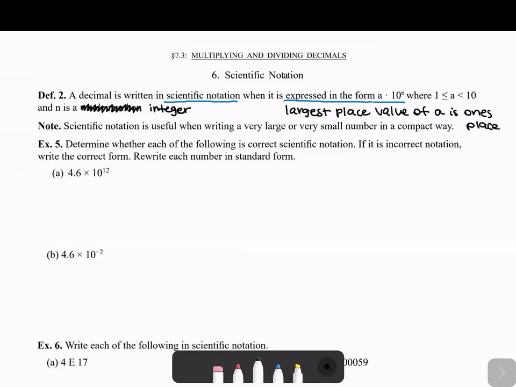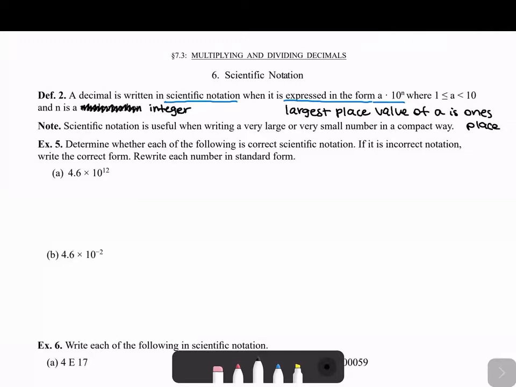And so that's what we mean when we say that A is greater than or equal to 1 and less than 10. Greater than or equal to 1 means it has a value in the ones place, and it being strictly less than 10 means that the biggest value is in the ones place. We don't go to the tens place. So that's all it means.